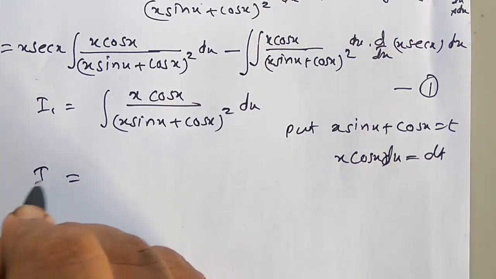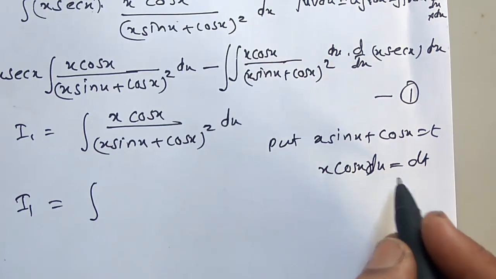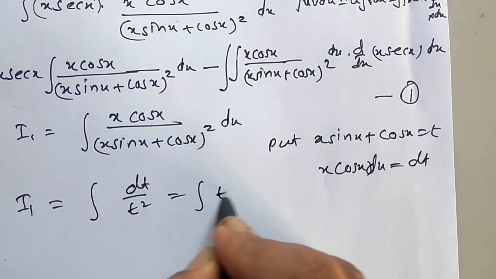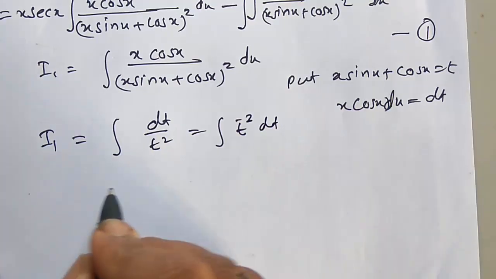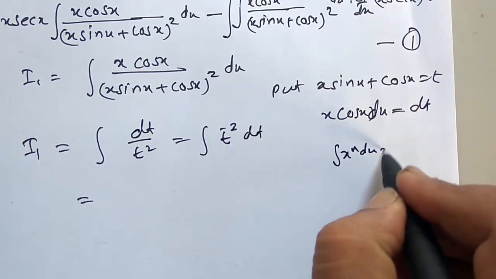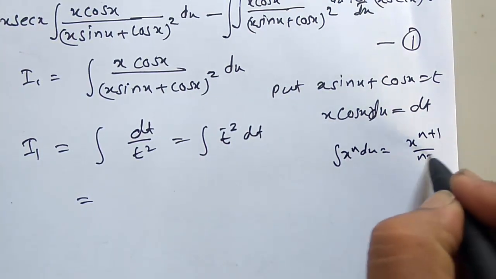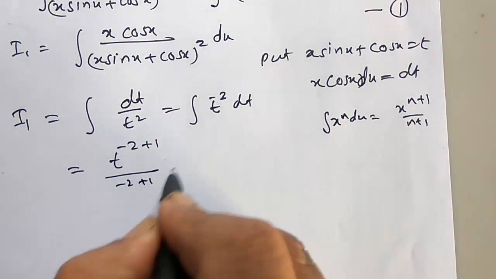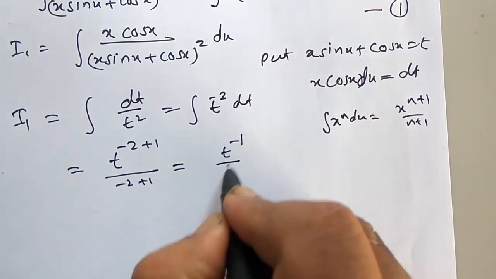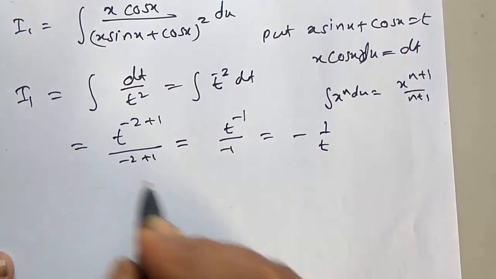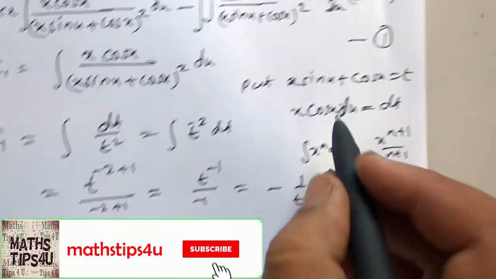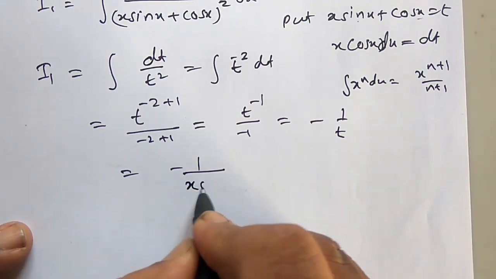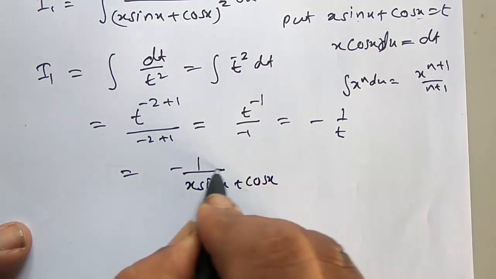So I1 now becomes the integral of x cos x dx equal to dt upon t square, so this is equal to t raised to minus 2 dt. We know that the integration of x raised to n dx is x raised to n plus 1 upon n plus 1. So using this, t raised to minus 2 plus 1 upon minus 2 plus 1 is equal to t raised to minus 1 upon minus 1, so minus 1 upon t, which is minus 1 upon x sin x plus cos x.